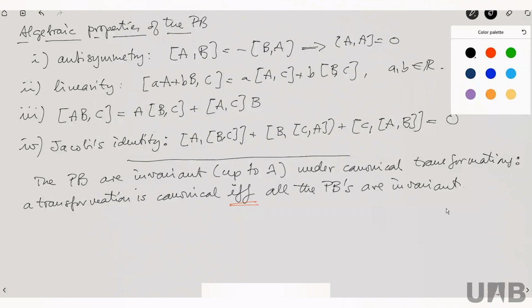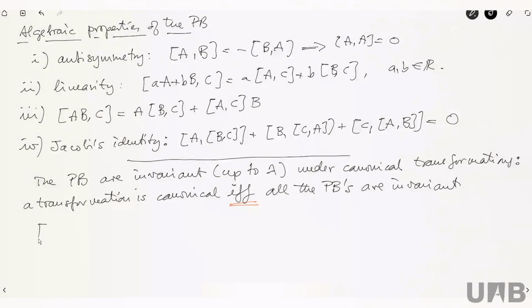So let's start. We take two functions, f and g, and we compute the Poisson bracket with respect to the old variables eta. That we said is partial of f with respect to eta transpose J partial of g with respect to eta. So that's a Poisson bracket in terms of the old variables.